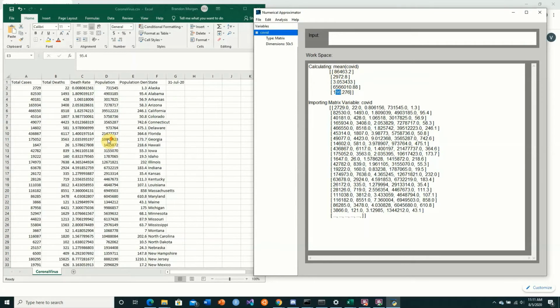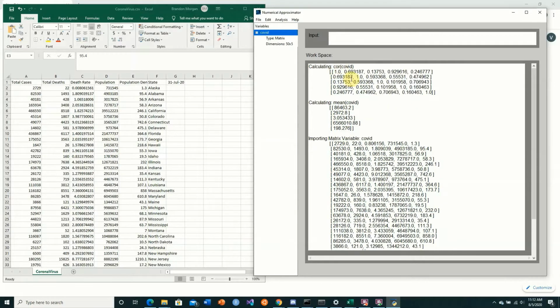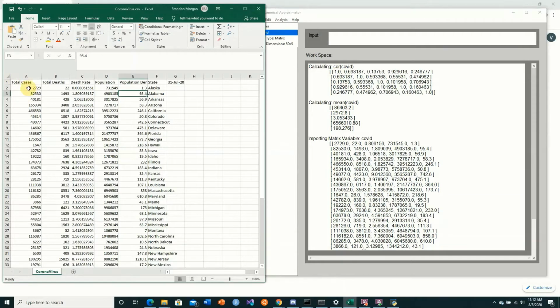And so from this, we can see the correlation on our data. So we can see here that variable 1, total number of cases, has somewhat of a direct correlation with the number of deaths, has no influence on death rate, and has an extremely high correlation with population.